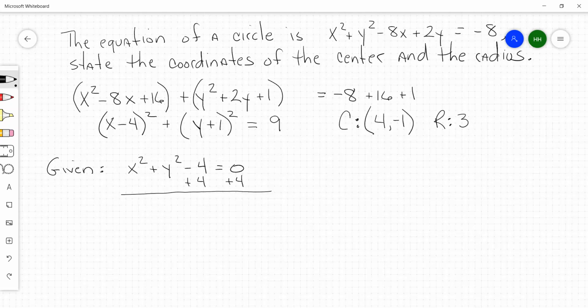And look what you got. You got x squared plus y squared equals 4. So your center is located at, very good, 0, 0. It's on the origin. Your radius would be 2. Excellent.